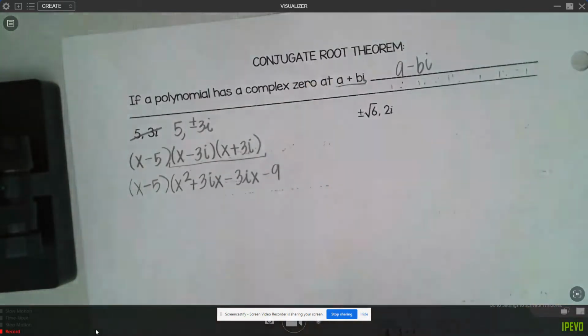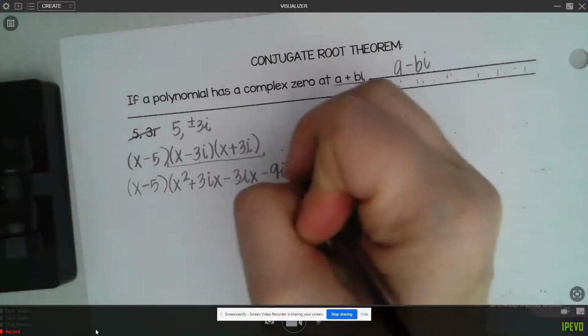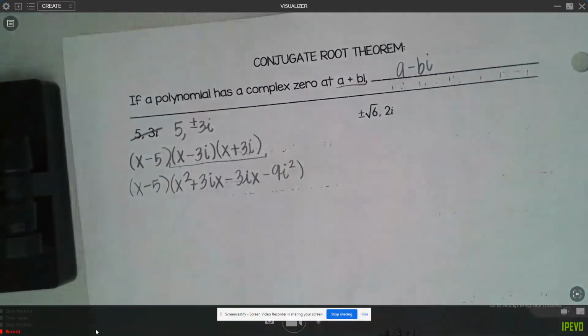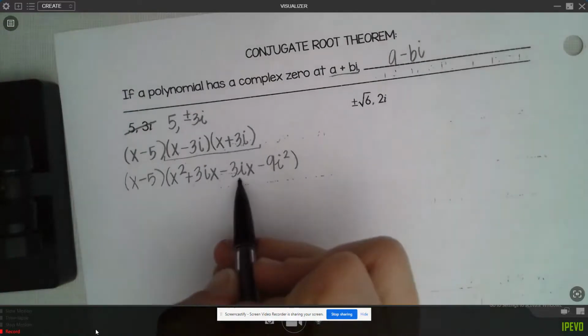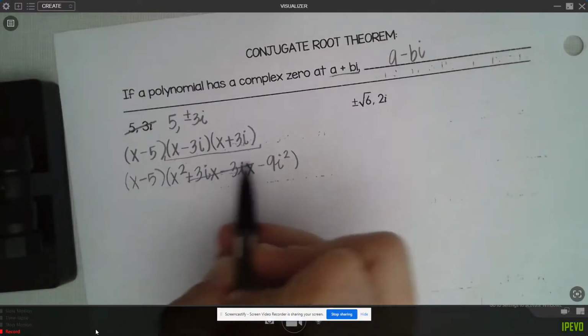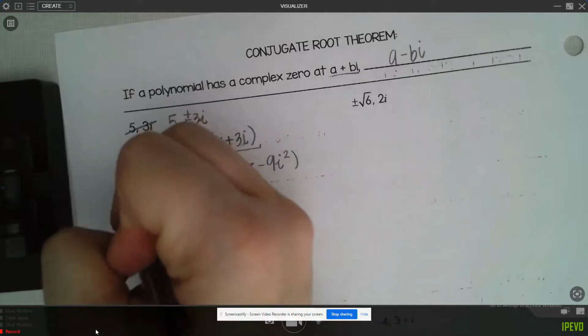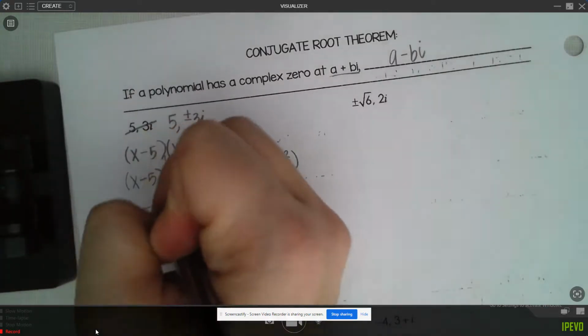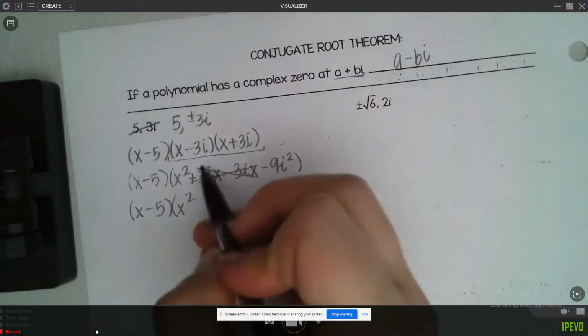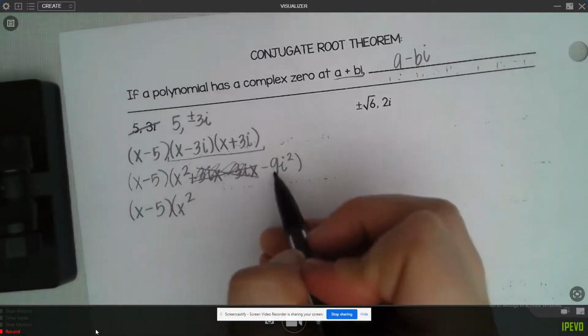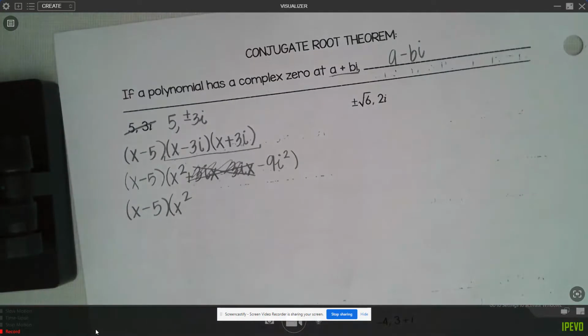And i times i is i squared. Okay? What do we notice about the 3ix and the negative 3ix? Those cancel. Okay? So I have x minus 5, x squared. Now these cancel. But I have negative 9i squared. By definition, what does i squared equal? Not 0.